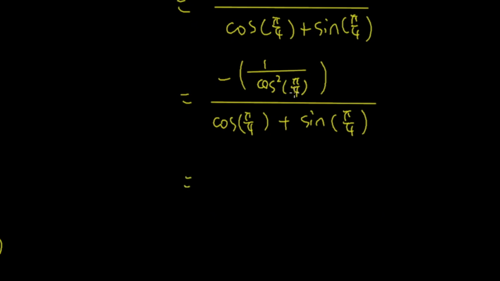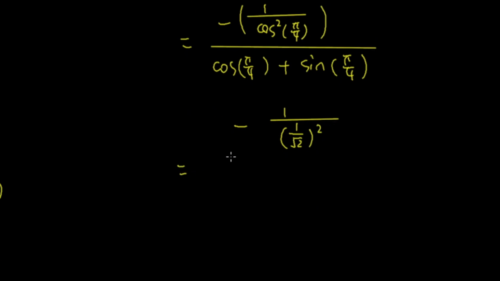Now we know that cosine pi over 4 is 1 over square root of 2. Then if you square it, equals negative 1 over square root of 2 squared. Now divide by cosine pi over 4, which is 1 over square root of 2, plus sine pi over 4, which is 1 over square root of 2.